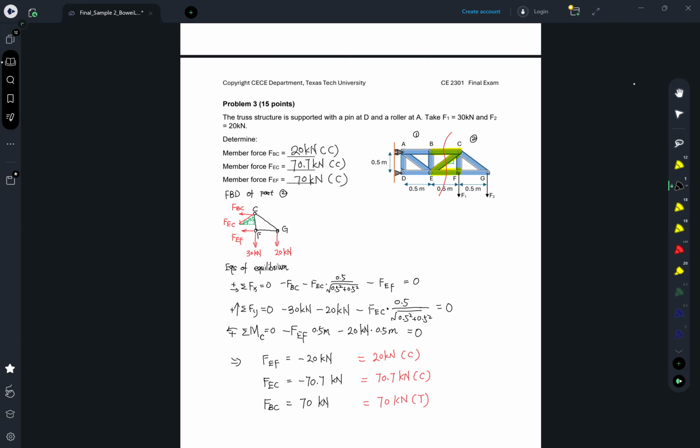Since the member forces appear as external forces for the part, by solving the part's equations of equilibrium, we can solve the unknown member forces. Generally, this is how we perform the method of sections for the structure.